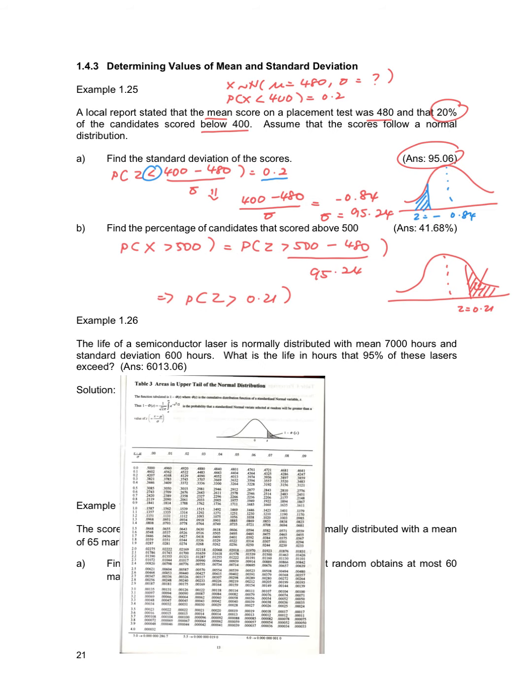So this one is equivalent to 0.4168. Tapi since dia tanya percentage, so dia akan menjadi 41.68%. Maksudnya ada 41.68% candidates that score above 500.